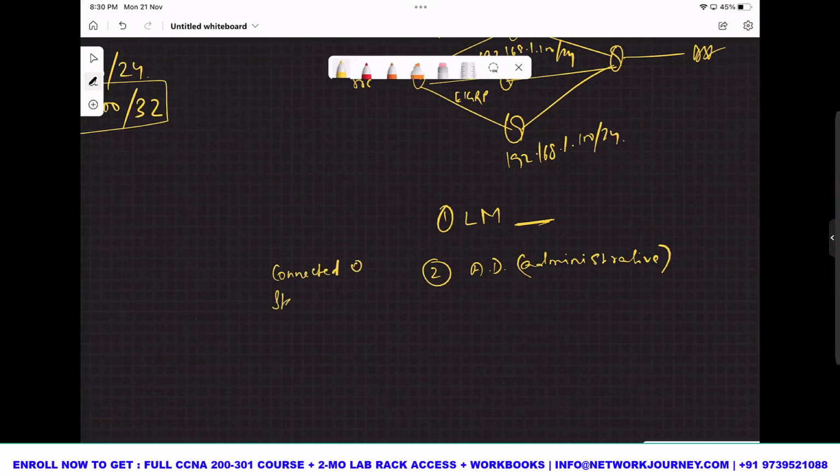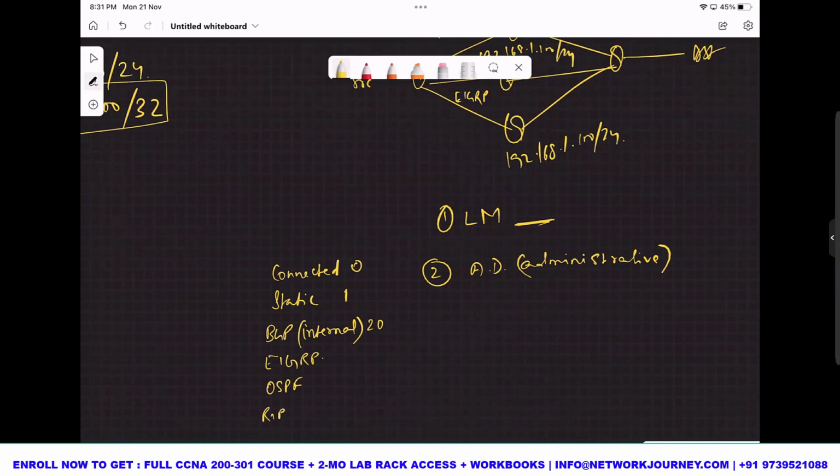If it is a static route, static in the sense I define to reach that, go via this, that is also trustful. If it is BGP, you know that in BGP, I told you that we define the neighbors manually, so that is also more trustful. But in the case of other protocols, which are dynamic, we don't define the neighbors manually, so they cannot be trusted.